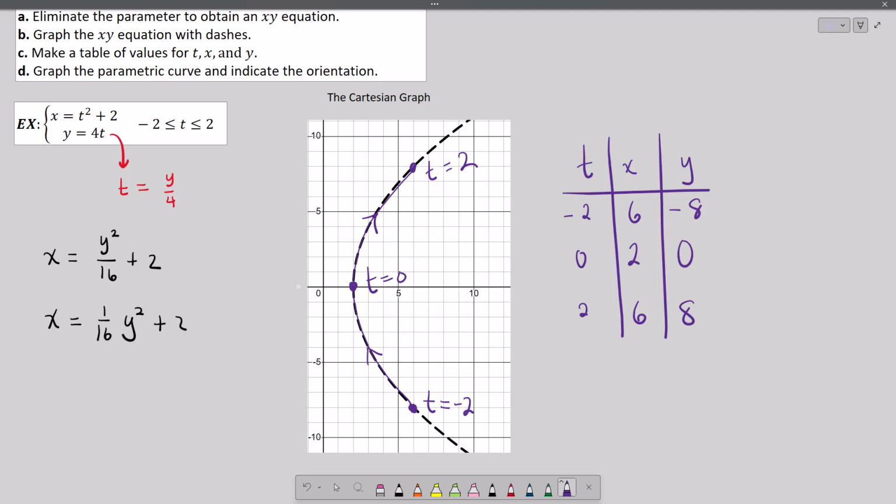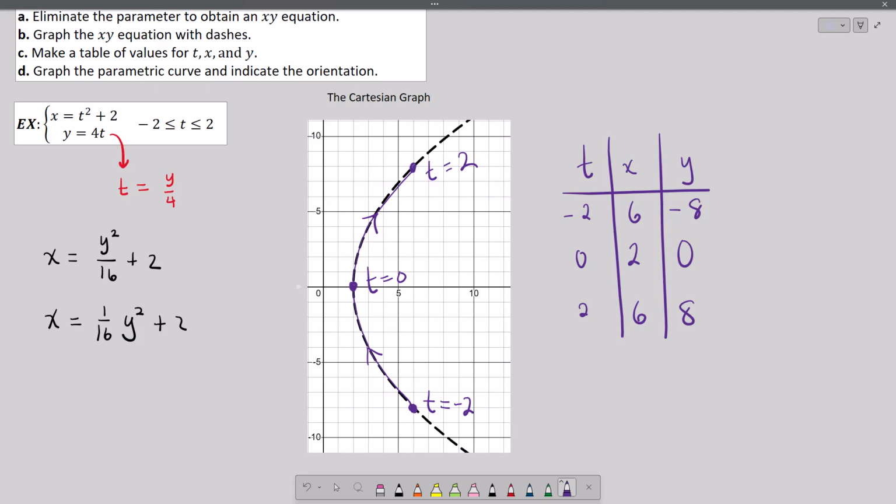It's orientable because the t's are increasing and taking us in this direction. And we get that portion of a parabola. So with parametric curves, one of the most important things is that you can grab a piece of a Cartesian curve really easily by just restricting t.